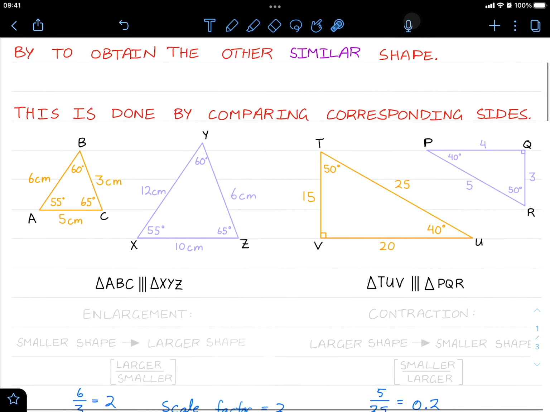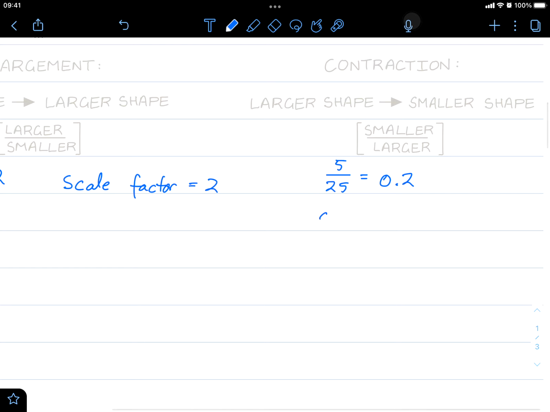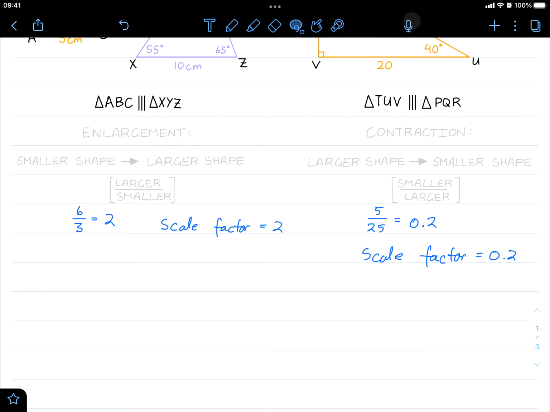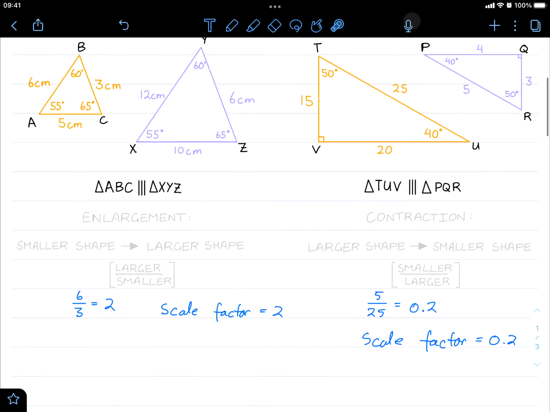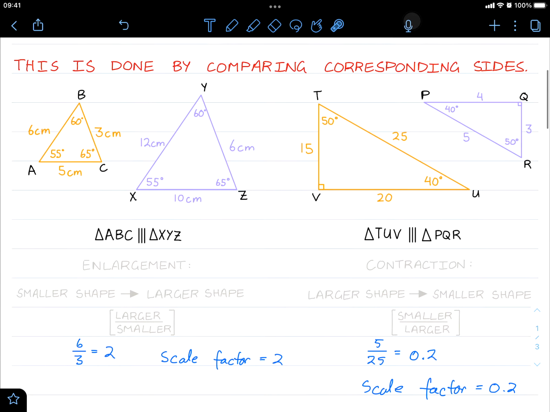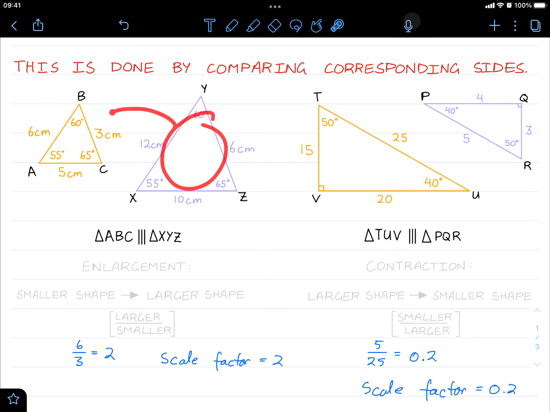So this is what it means about the scale factor. It's what multiplies, so in this case we can say scale factor is equal to 0.2, is the number which we multiplied by from one shape to the other. Now in all of these, we could have easily switched them around and said we go from purple to orange.